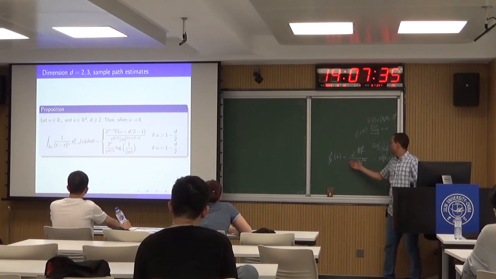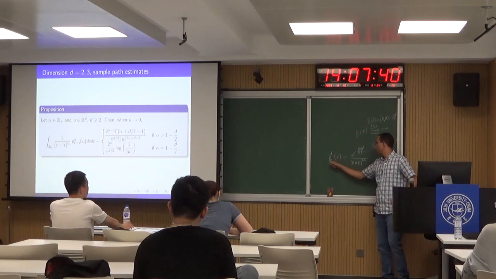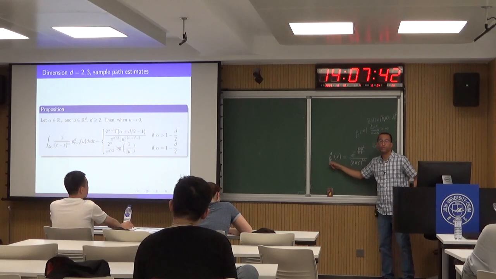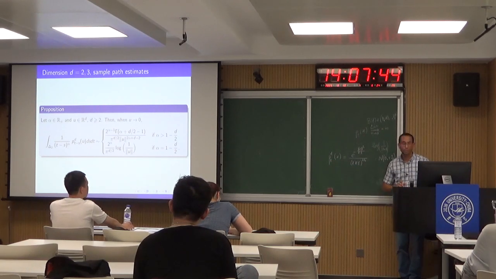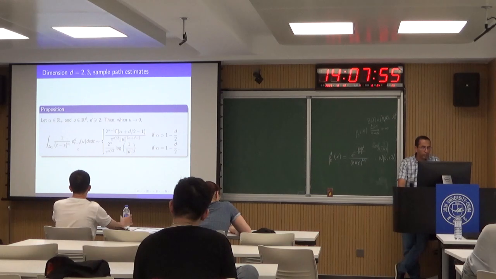Okay? If we integrate this with respect to x in R^d, of course, it gives us 1, but we want to integrate with respect to this parameter, t minus s. So, okay? And then we want to see how this whole integral behaves when u tends to 0. We will see later why we want this type of integral, why we started by estimating this type of integrals.